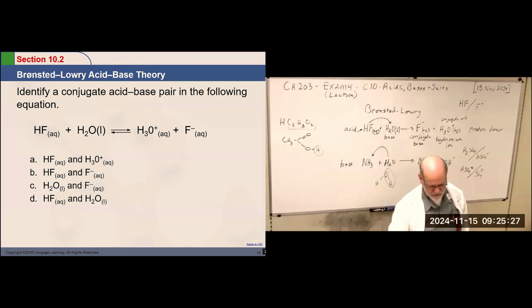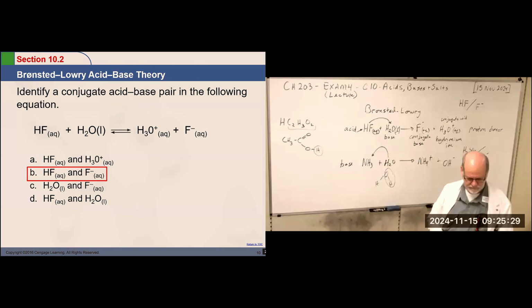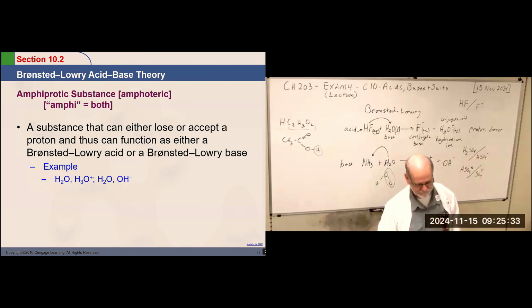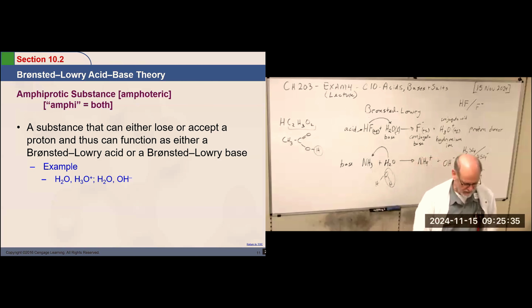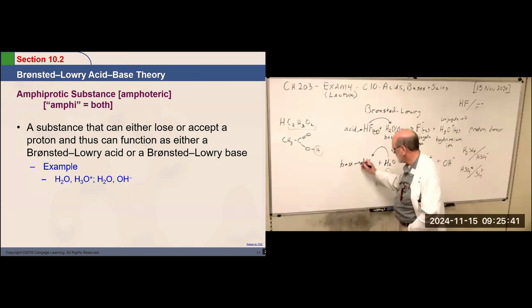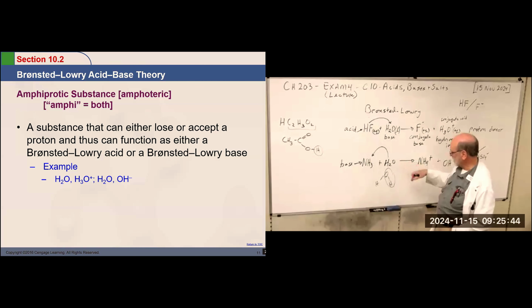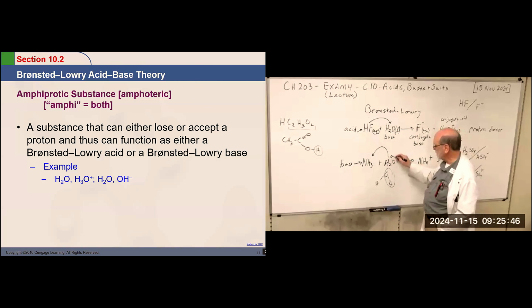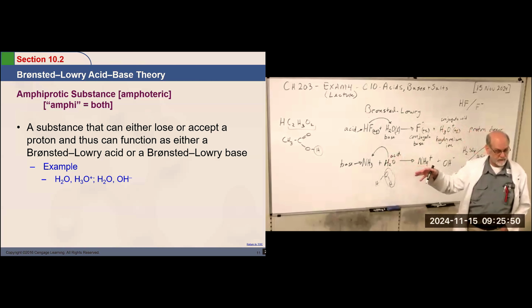And to answer that question, there they are. All right. Notice that if this is the base in this reaction, that makes this the acid. It's the proton donor.